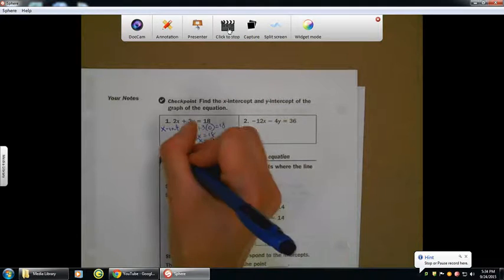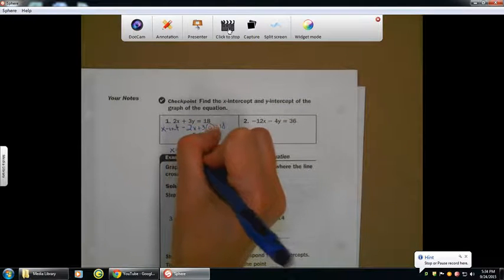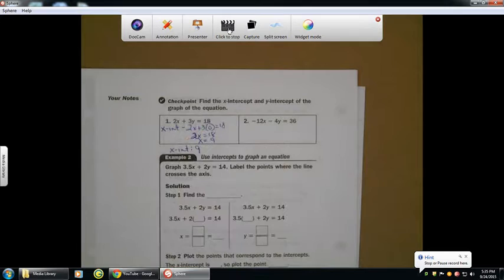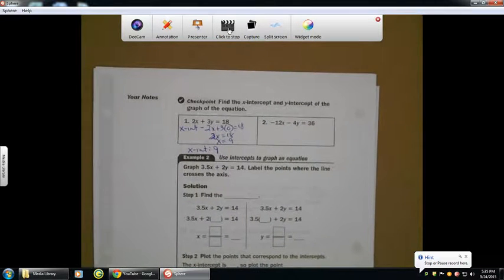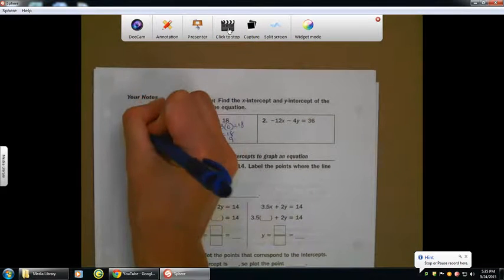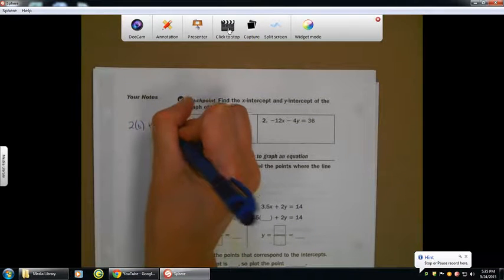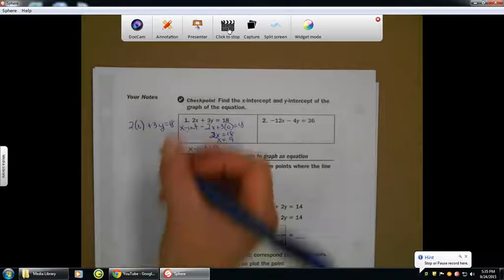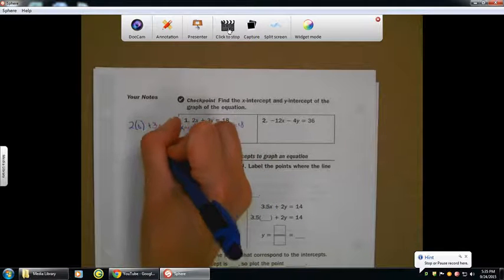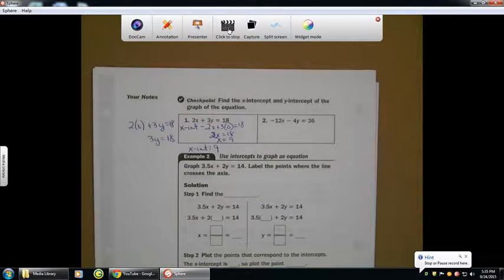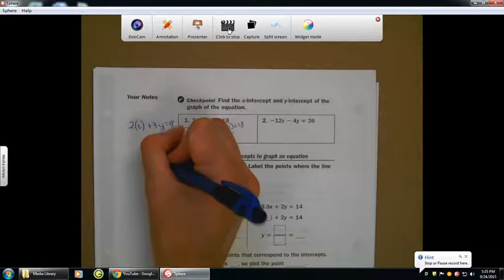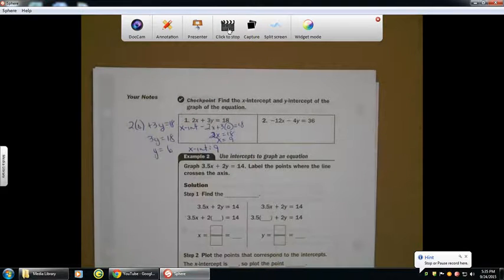So my x-intercept is 9. To find the y-intercept, I substitute a 0 in for x. I'm left with 3y equals 18, and my y-intercept is equal to 6.